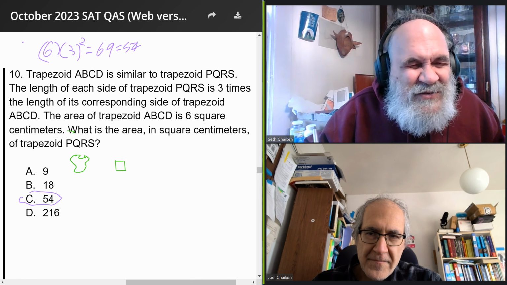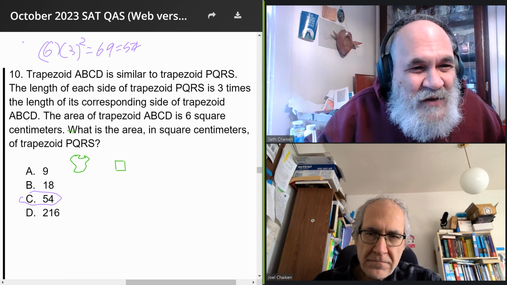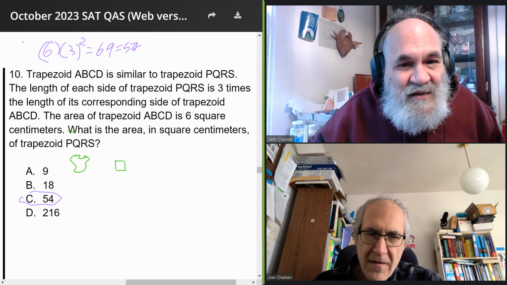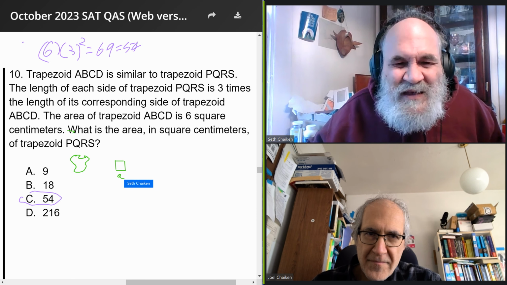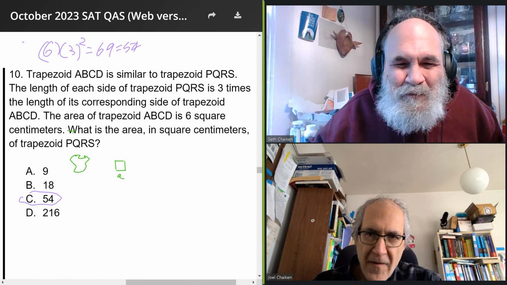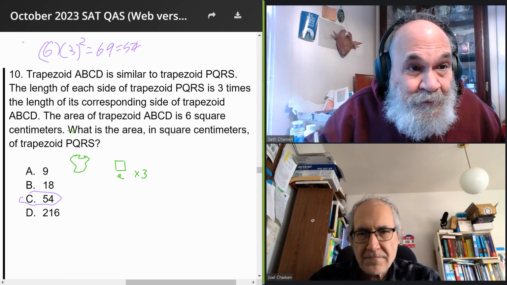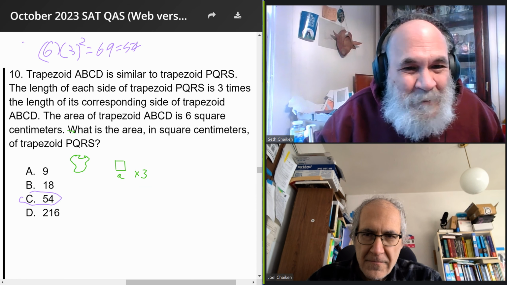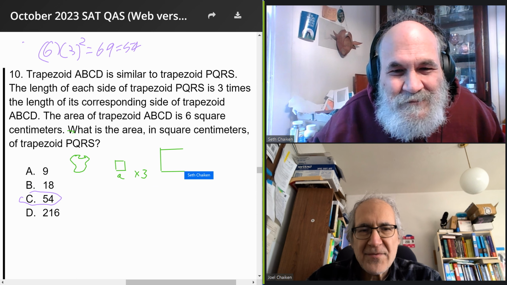Whose width, let's say, is called A. If you expand by 3, what you get is a square with a side of 3A.